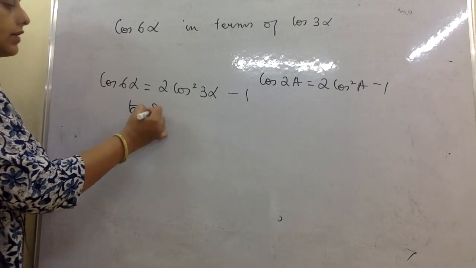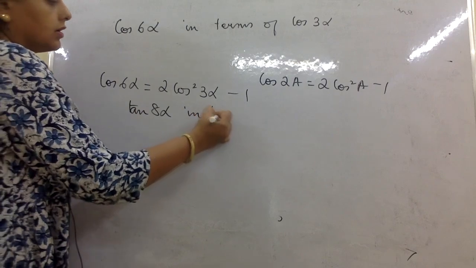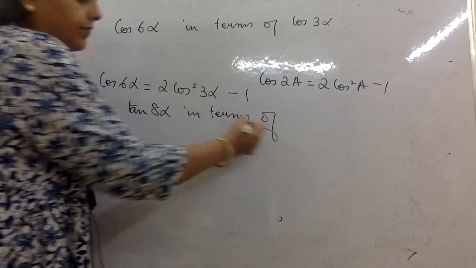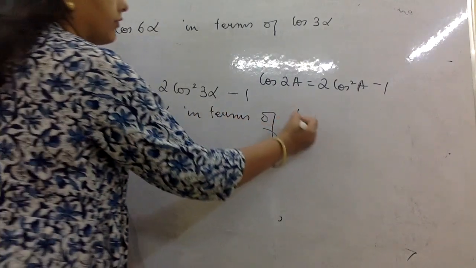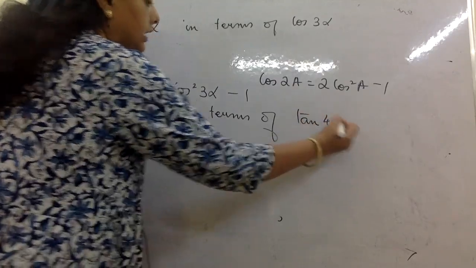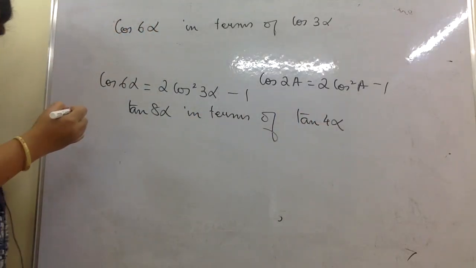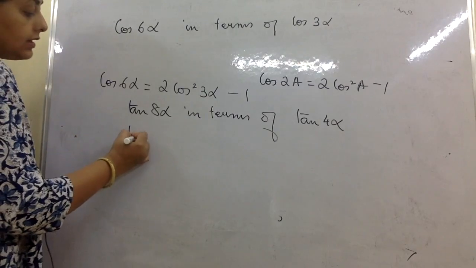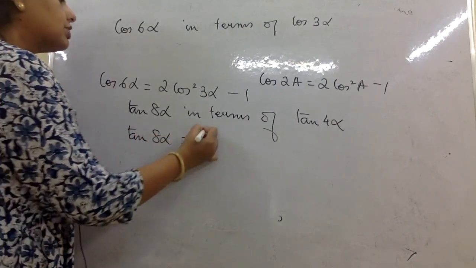Tan 8 alpha in terms of tan 4 alpha. Again, this is a very simple question. We used this formula in the last question.